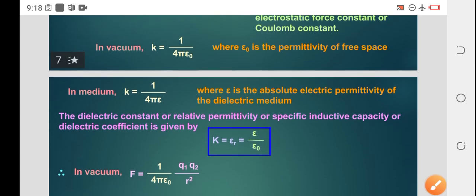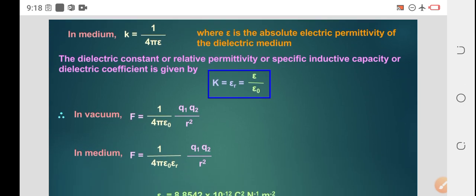Let's see the same law in a medium and in vacuum, how it works.